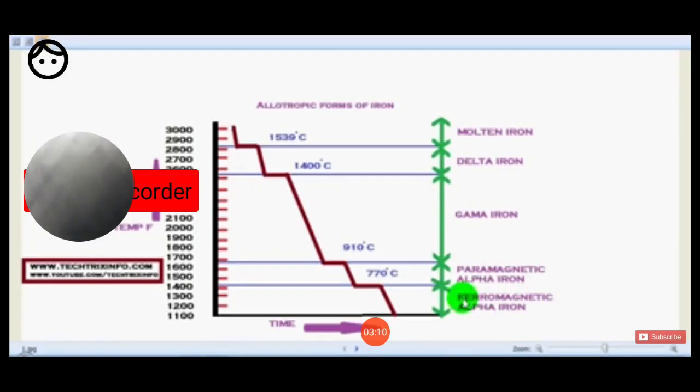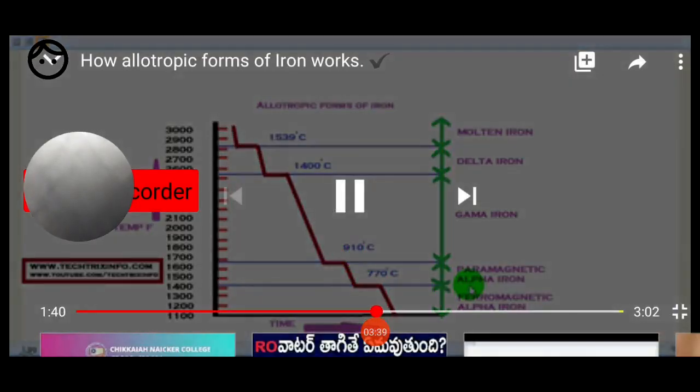One is the ferromagnetic alpha iron, which occurs from normal temperature to about 770 degrees Celsius, and the next one is the paramagnetic alpha iron, which occurs from 770 degrees Celsius to about 910 degrees Celsius.